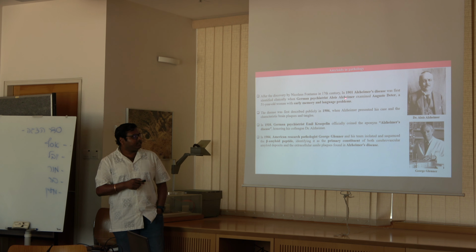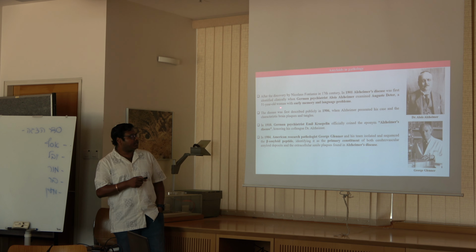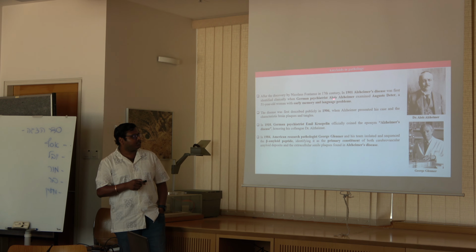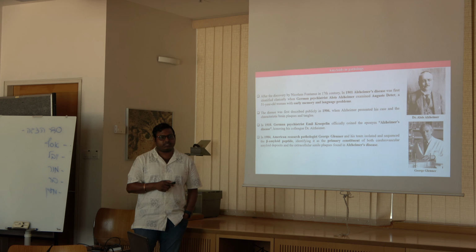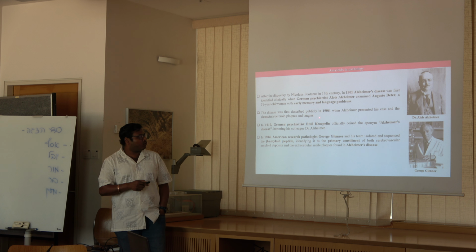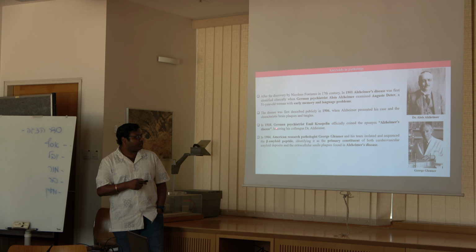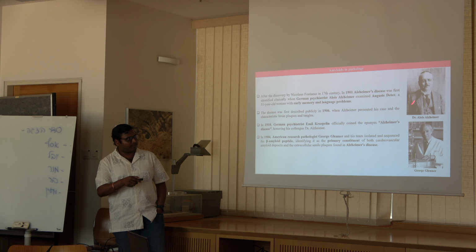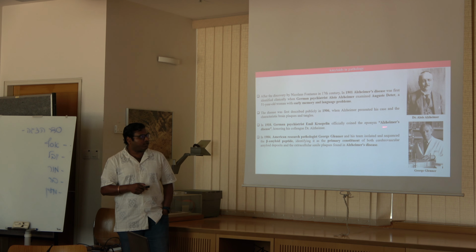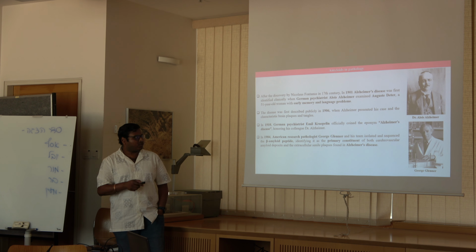In 1901, Alzheimer's disease was first identified clinically by German psychiatrist Alois Alzheimer when he examined August Deter, who had been suffering from early memory and language problems. So this was the first detection of Alzheimer's, and in 1906 he wrote a paper and published it. But in 1910, German psychiatrist Emil Kraepelin, who happened to be his colleague, coined the term Alzheimer's in memory of his colleague.